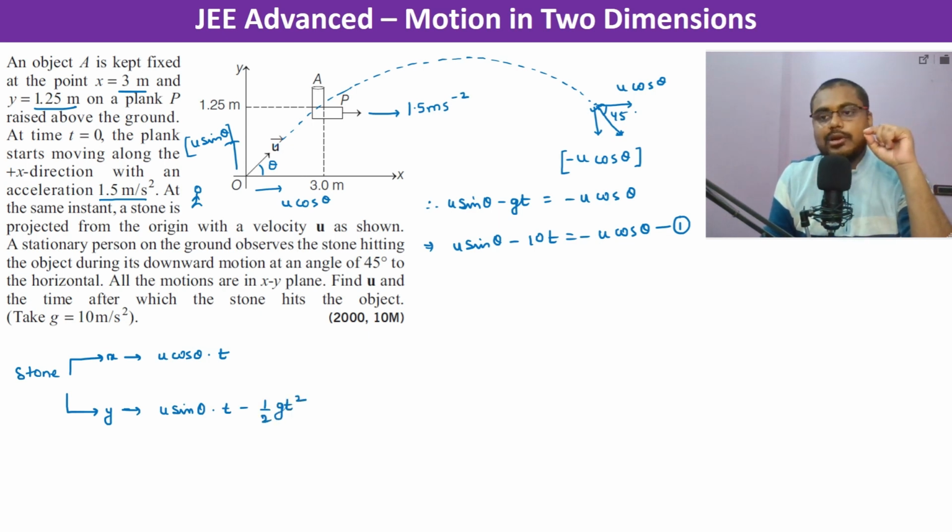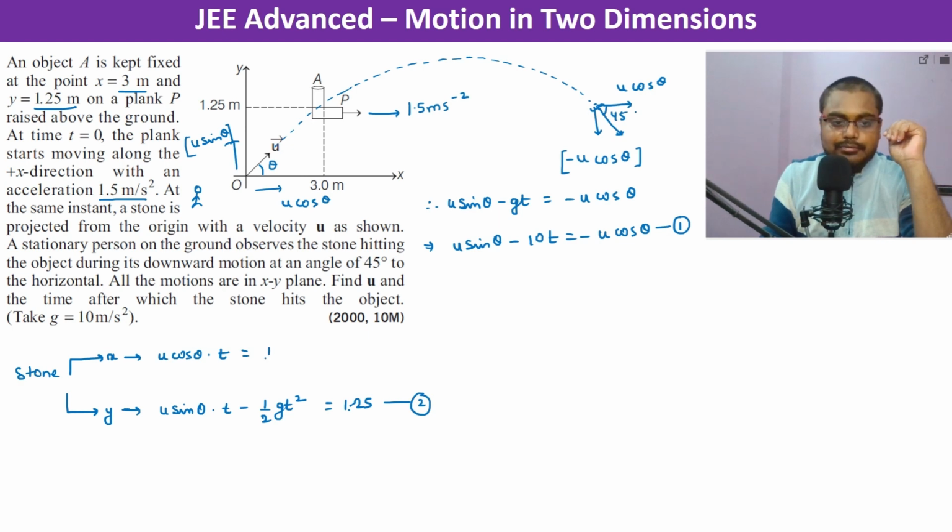This has to be equal to the x and y coordinates of the object A. Object A is moving only in the x direction. Already it was 1.25 meter in the y direction, so I have written that, and in x direction it is moving with half into 1.5 into t square, and already it was at 3 meter before, so plus 3. So these are the three equations.